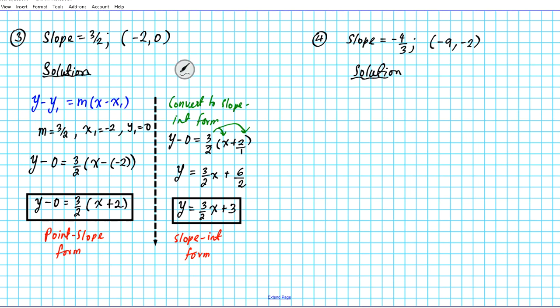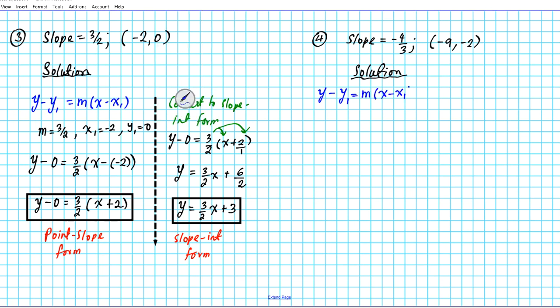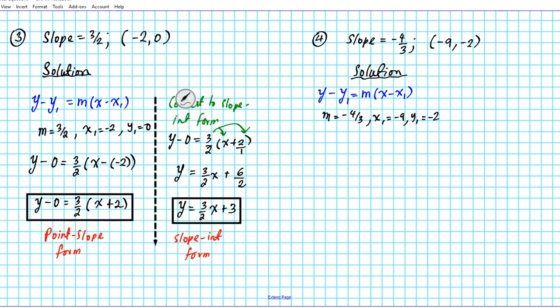Alright, so the first thing we want to do is write the equation of this line in point slope form. To get us started, we write down the formula, the point slope form of the equation of a line, y minus y1 equals m times x minus x1. And then let's write down the components. We know that the slope m is -4/3, x1 is -9, and y1 is -2.